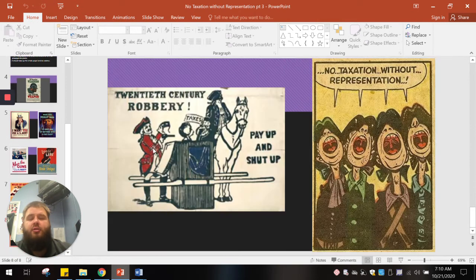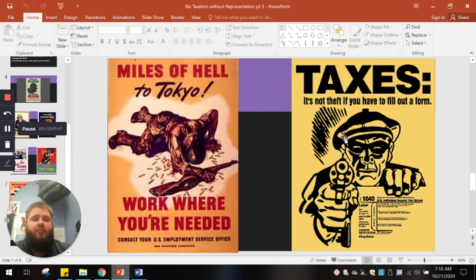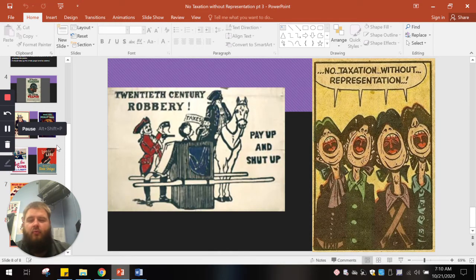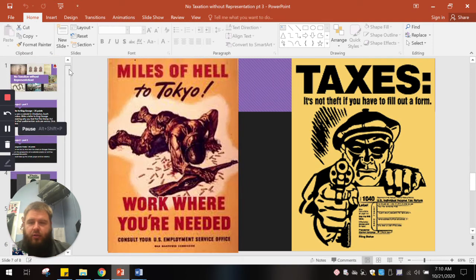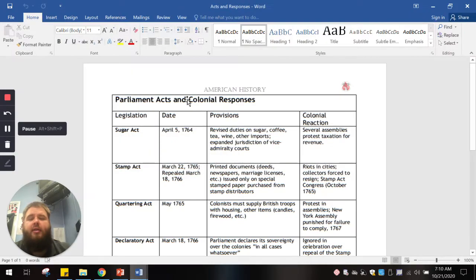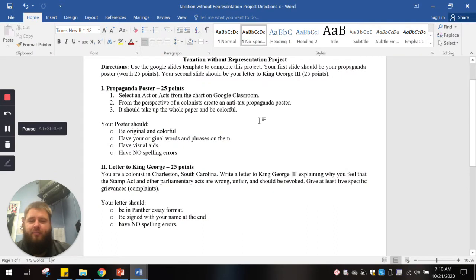And then the last 2 here, they are a little closer to what we're talking about: taxes, and obviously they are against them here. So use these as some examples. You're creating one of these types of posters against one of the acts here on this chart. That's your first part. That's worth 25 points.